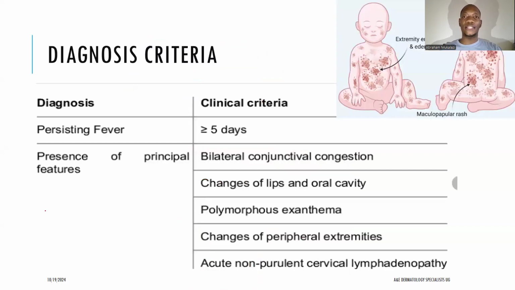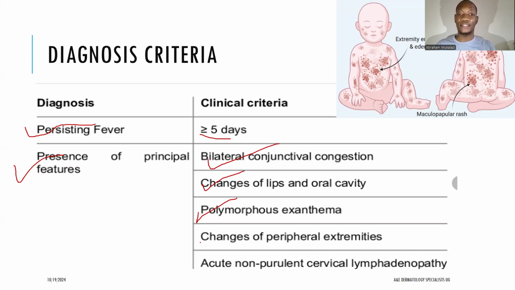So we have a diagnostic criteria that we usually use, and the first key feature is a persistent fever for over 5 days, and then presence of these principal features, including bilateral conjunctival congestion or injection. Then you have changes on the lips and the oral mucosa, which we call mucositis. Then you have this polymorphous exanthema, so it can have urticarial lesions, it can have morbilliform-like eruption, and it can also have purpuric lesions.